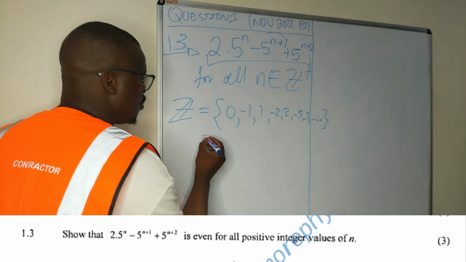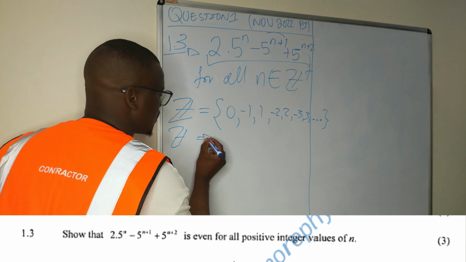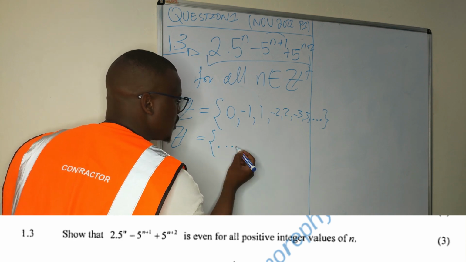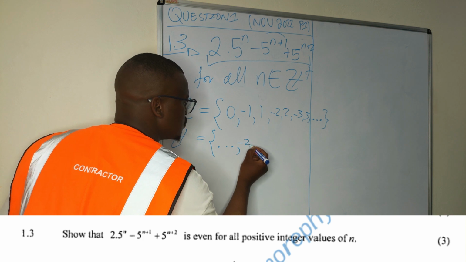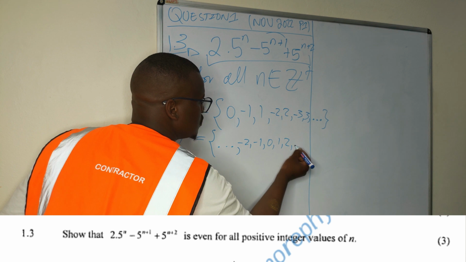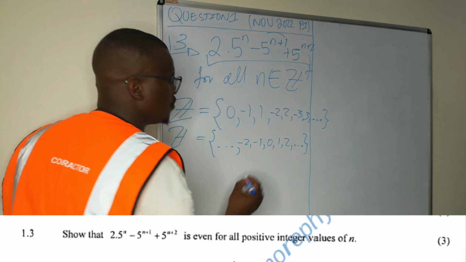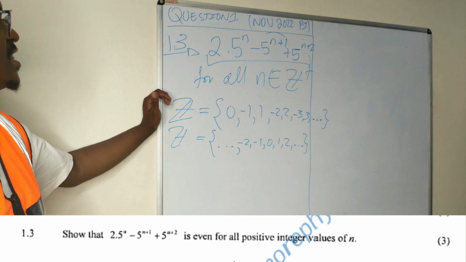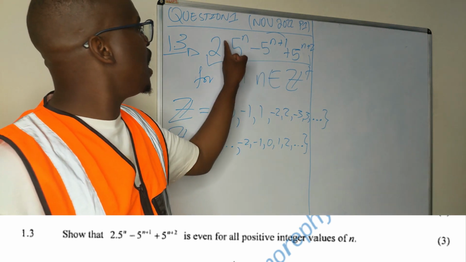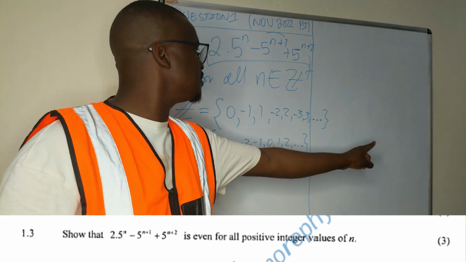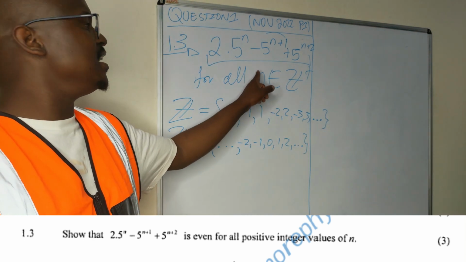These are the integers. Or some people write them like this, coming from the smallest to minus 2, minus 1, 0, 1, and 2, and so on. So these are your integers. They are saying that for all your integers that are positive, which is from 1 going to that side, this is even.